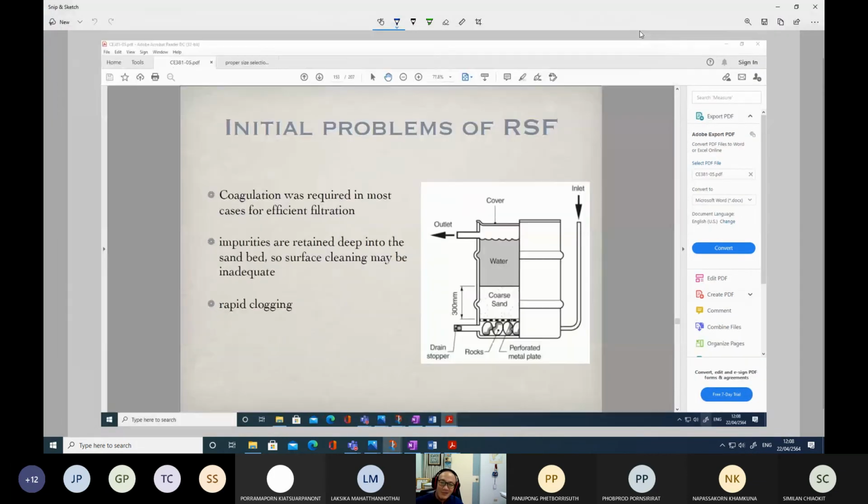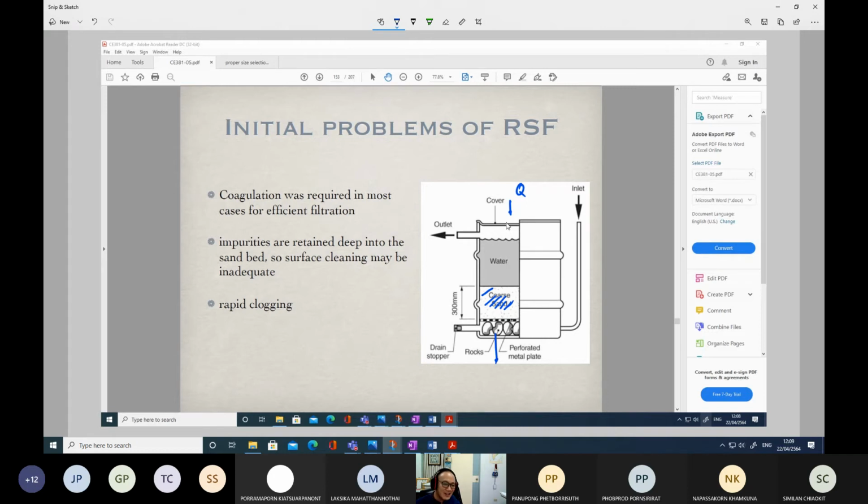So if you add the water into these tanks with a constant flow rate Q, and this could be an outlet, and this is the media, initially there will not be any water accumulated above the media.